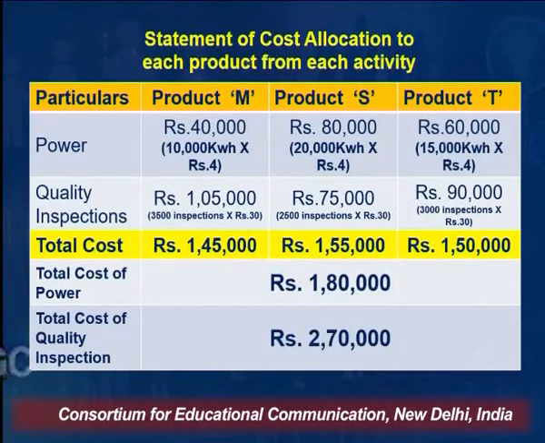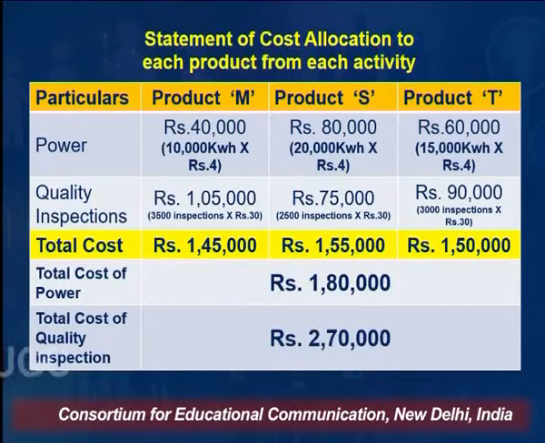It is very simple: since power is supposed to be allocated on the basis of kilowatt hour of consumption, we have done it like that, and quality inspection is supposed to be allocated on the basis of the number of inspections. Whatever rate we have computed, we have simply multiplied by the number of inspections for each of the products to arrive at this total cost, right?